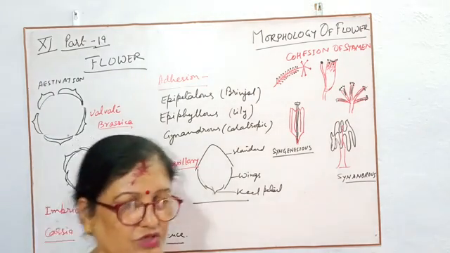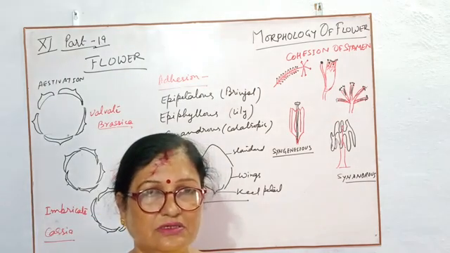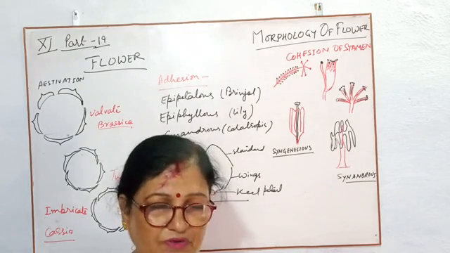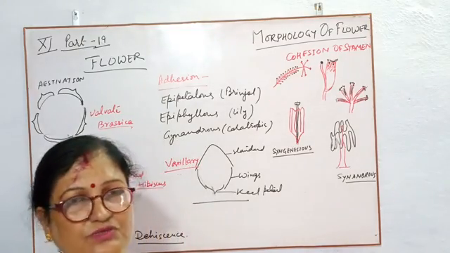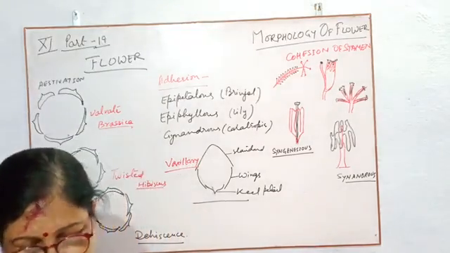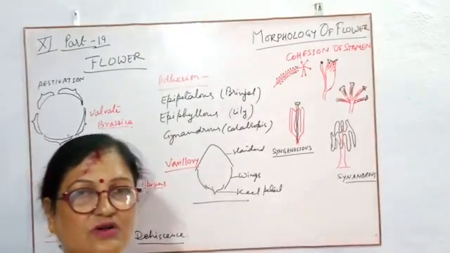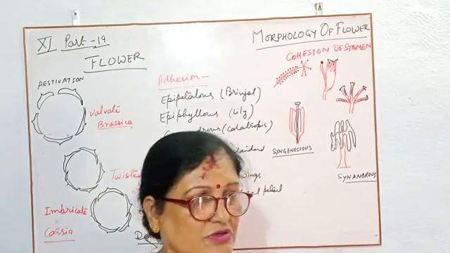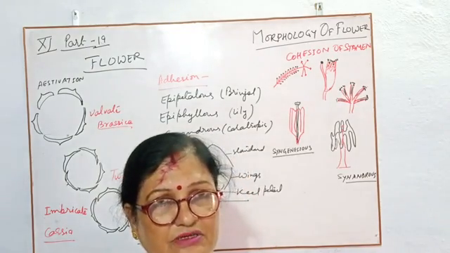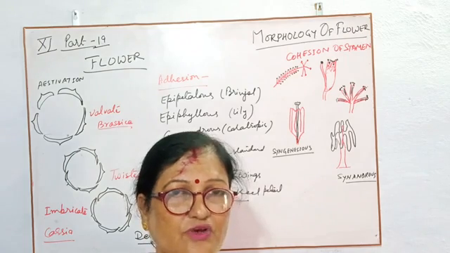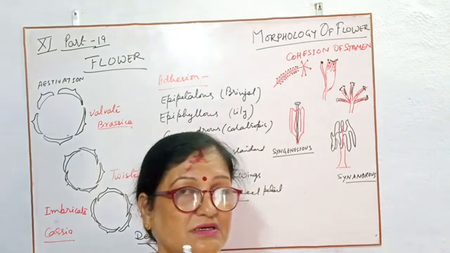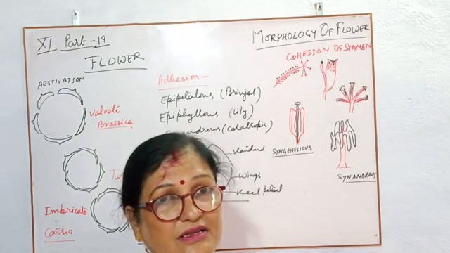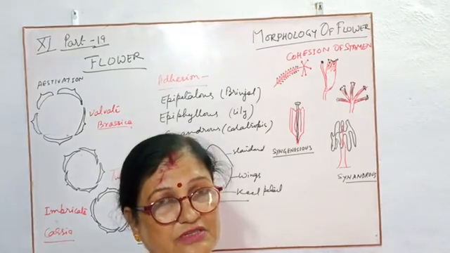Adhesion means to attach. When two different things attach or join with each other, then it is called adhesion. In physics you studied also the force of adhesion and force of cohesion. So adhesion means there are two different molecules which are attracted or joined with each other.